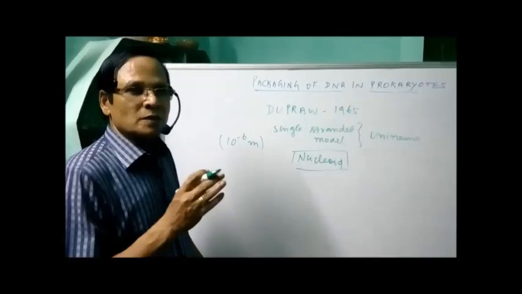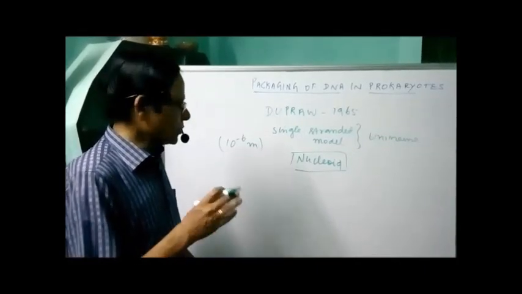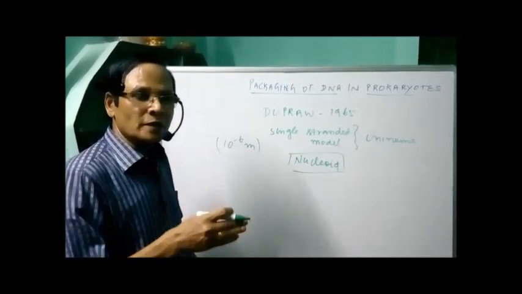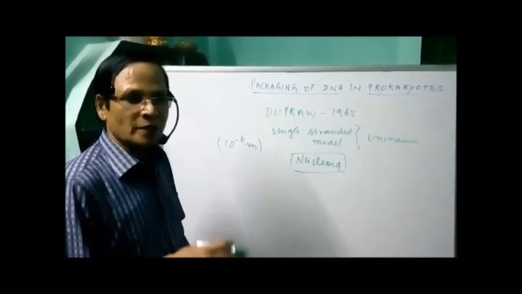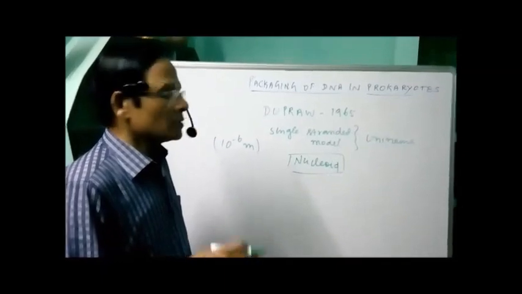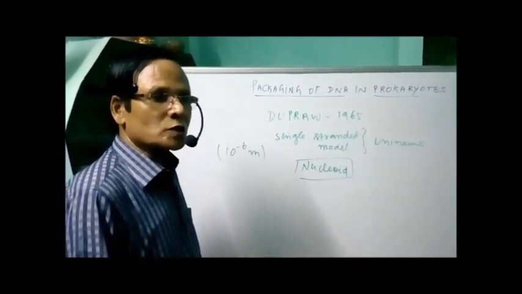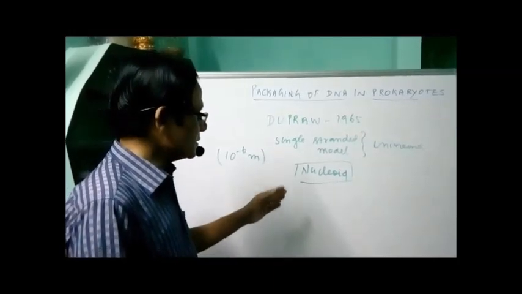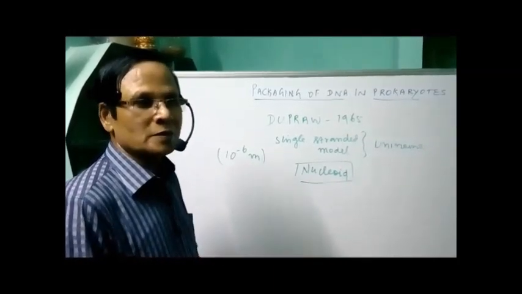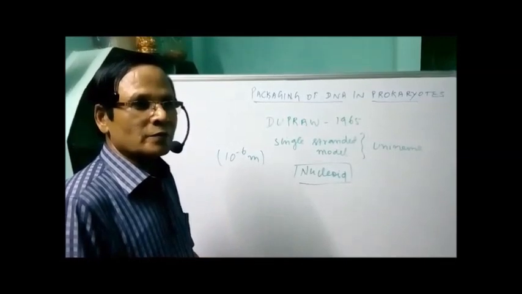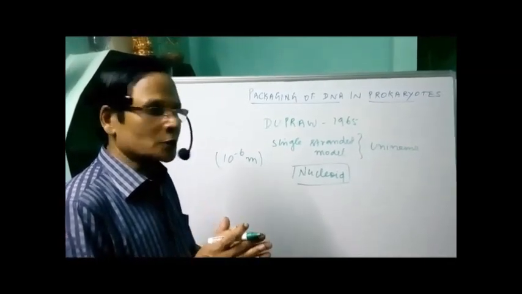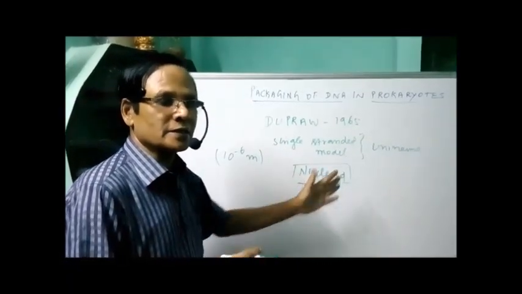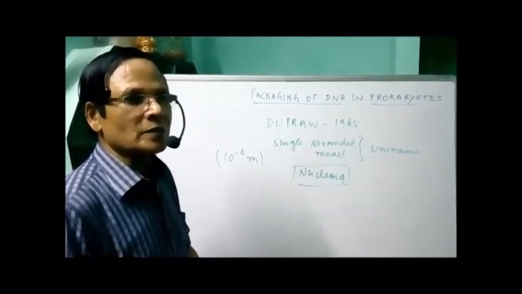The DNA, which is negatively charged, is held in a region with positively charged proteins. So the DNA is held in a region where positively charged proteins are responsible for holding the nucleic acid. That region is called the nucleoid.